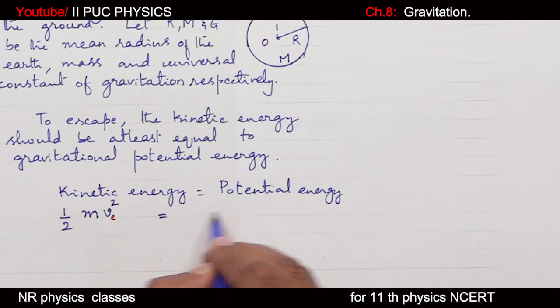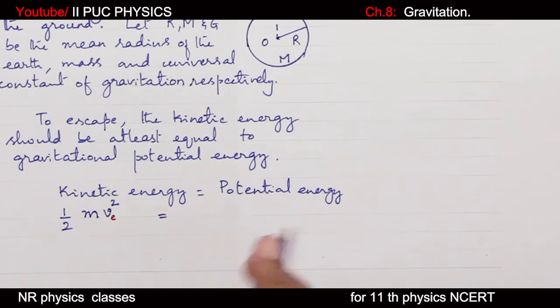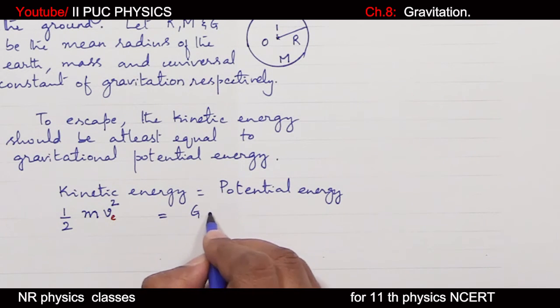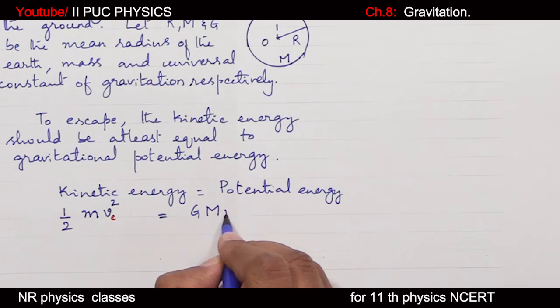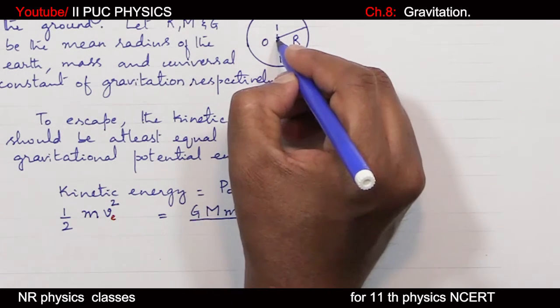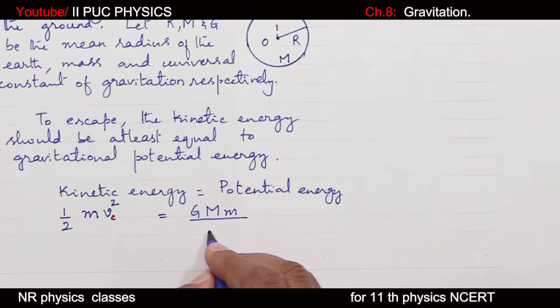Equal to gravitational potential energy magnitude G, mass of the earth, mass of the object, by distance. Distance from the center is r. So small m gets cancelled.